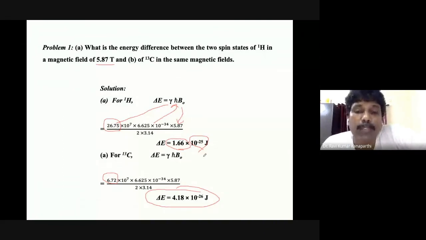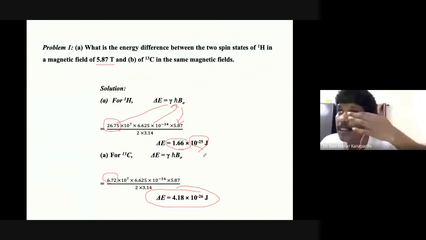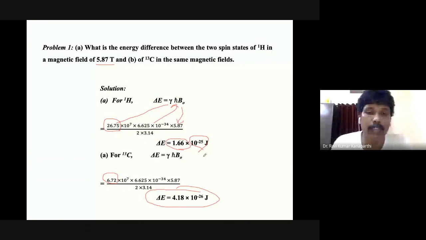For example, we are at a room temperature of maybe 20 or 25 degrees centigrade. So roughly it is 2 calories. Then the nuclear energy state, if you convert these numbers into calories, is roughly about 0.1 calorie. So the energy gap is very, very small.